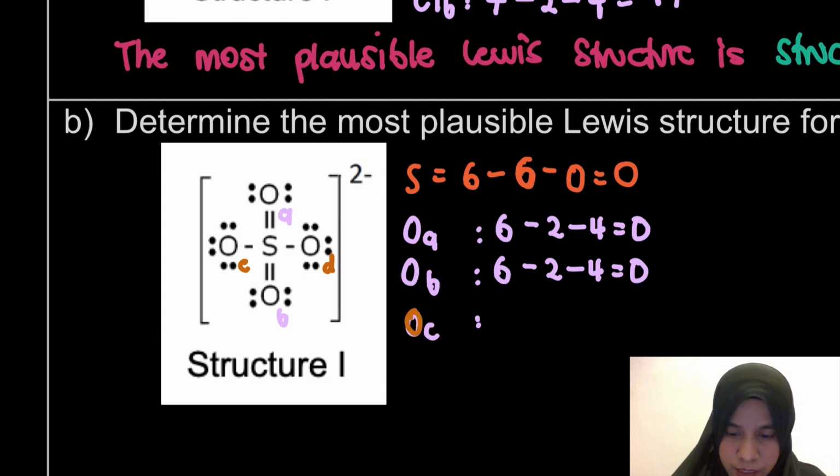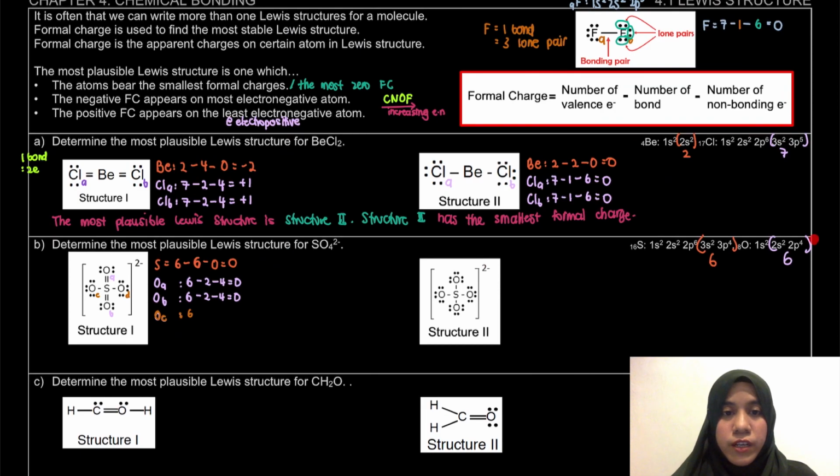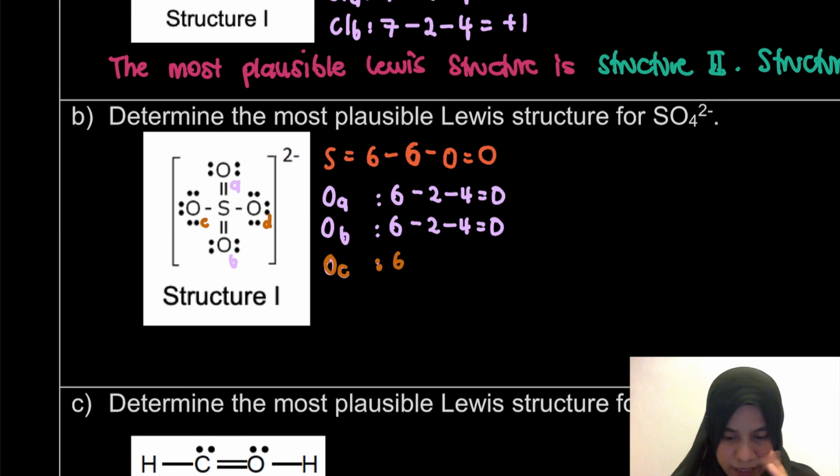So oxygen C ni dia dah case yang single bond. Lepas tu dia ada lain pula number of non-bonding electron tu. Okay, so for this one, number of valence dia masih lagi 6. Tengok dekat sini lah. Valence electron is still the same based on your electronic configuration. So here it 6, minuskan dengan 1.